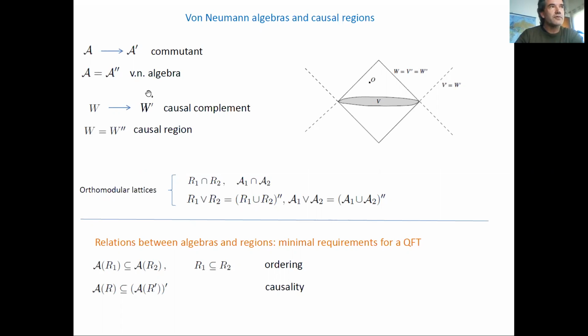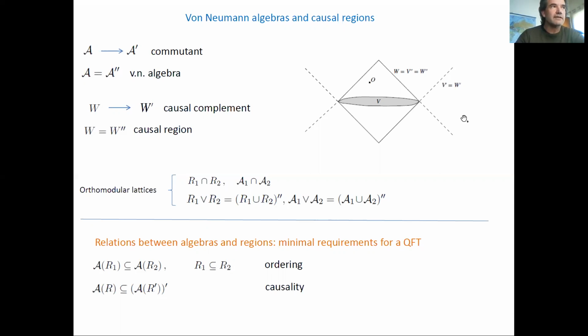And for regions, we have some similar structure. We have some region in space-time, for example, this region V here, and then we can produce the commutant, the causal complement. The causal complement is just the set of points in space-time which is spatially separated from V. So this outside part, let's say.